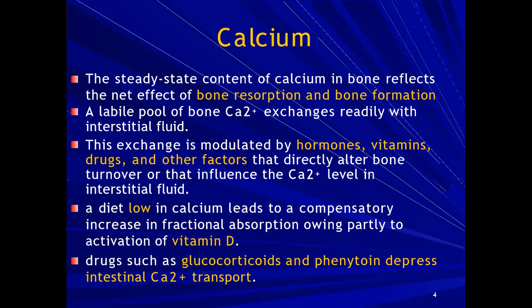So if the diet is low in calcium, we need to compensate for it. This is why some children are given calcium supplements, and this is partly activated by vitamin D3. Drugs such as glucocorticoids and phenytoin depress calcium intestinal absorption and calcium transport.